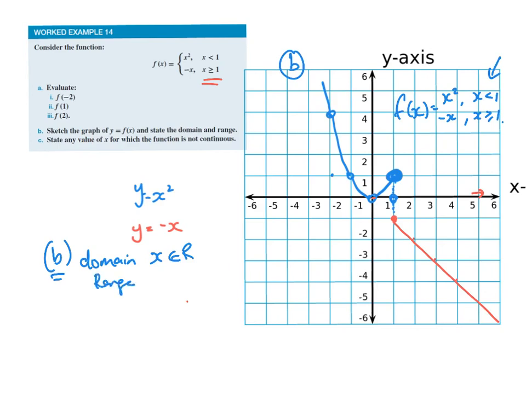The range is x is also an element of real numbers. Your book actually says let's write down what the book says: negative infinity up to negative 1, unioned with 0 to infinity.